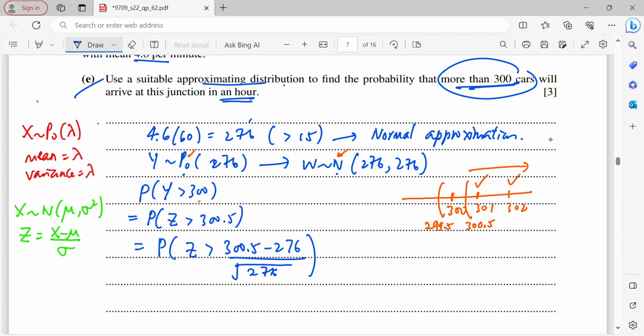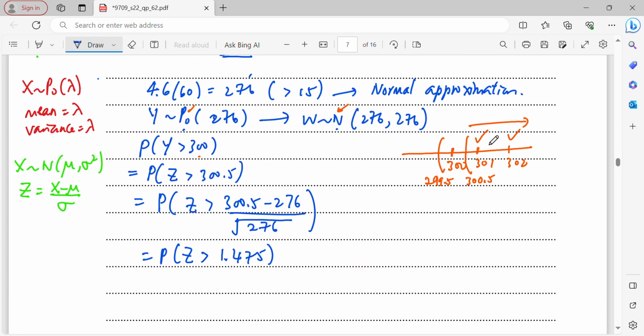Then here is going to be 276. Now, when you compute this value, you will be getting P(Z more than 1.475).